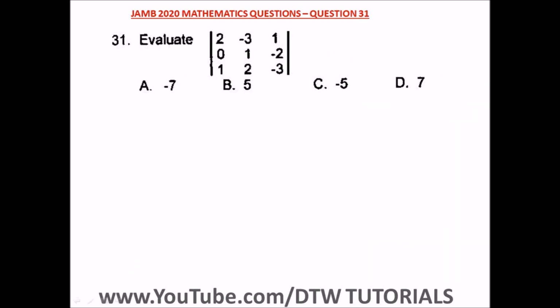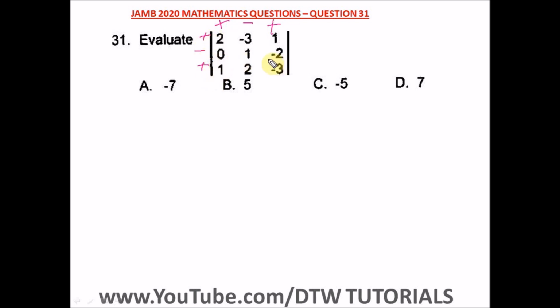So I have question number 31. So remember, in our matrix, this column is positive, this is negative, and this is positive. Here is positive, here is negative, here is positive.